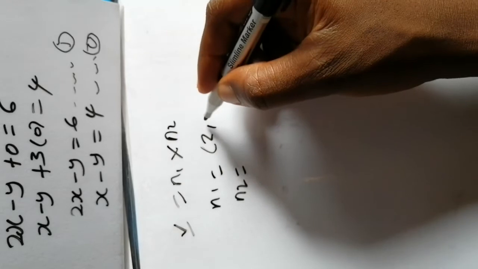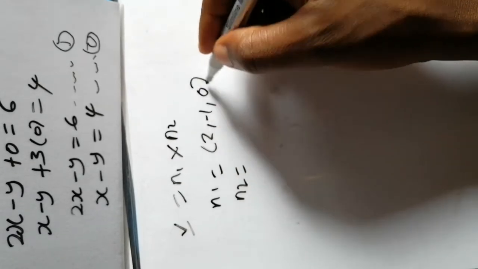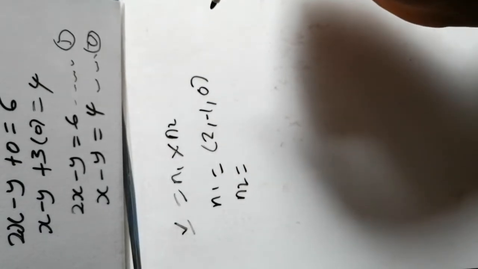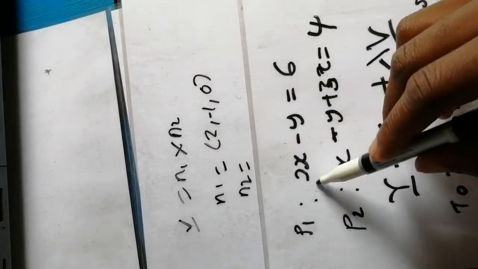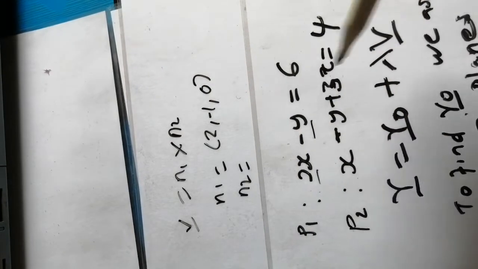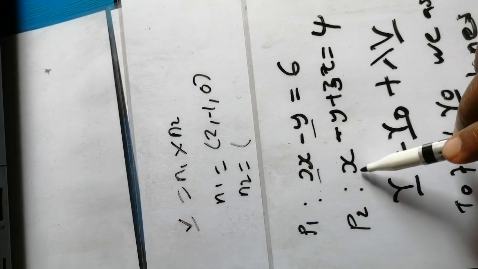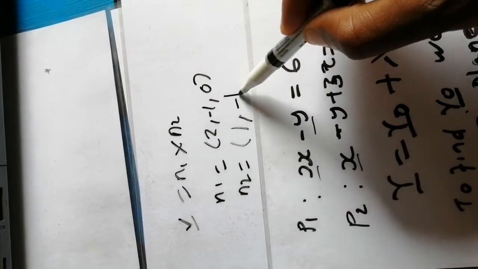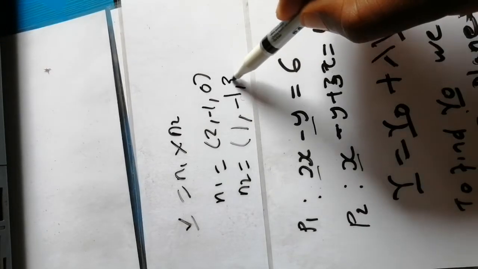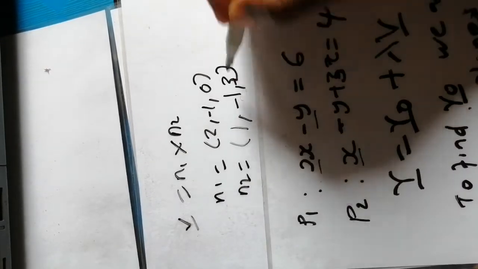To find the normal, you simply take the coefficients. So this is 2, negative 1, and 0. And then to find the normal of this one, the coefficient of x is 1, coefficient of y is negative 1, coefficient of z is 3.